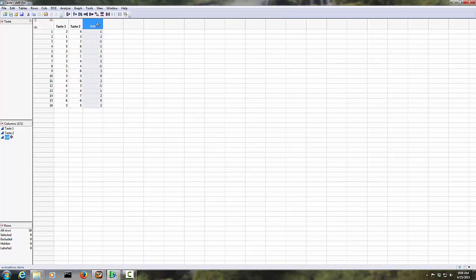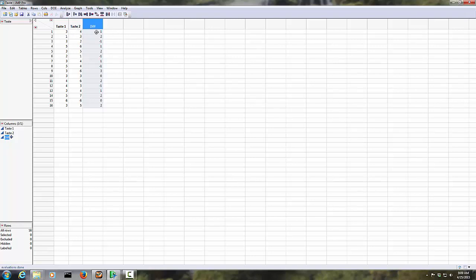So differencing here made sense because each individual tried out the 2 teas. And so the first row, the 3 and the 4, are 2 observations on the same experimental unit. And this first individual gave taste 1, tea 1, a lower score than 2. And remember, low is good here.